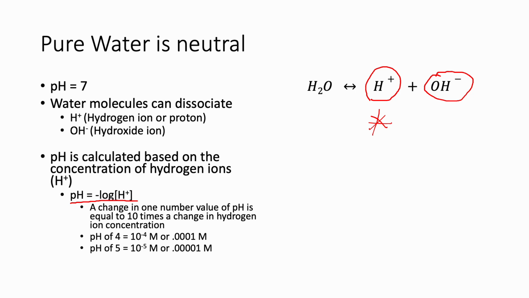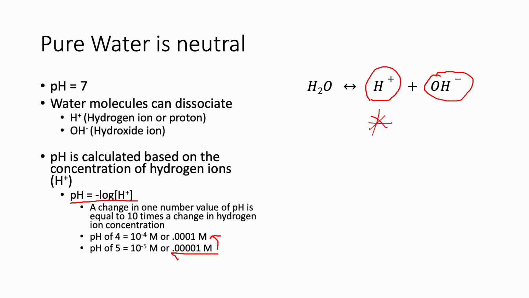So there's a power of 10 higher concentration of hydrogen ion in a pH 4. So notice that, let me just underline this here. 0.0001 molar is 10 times more than 0.00001 molar. So as we increase the concentration of hydrogen ions, the pH values actually get lower and lower.